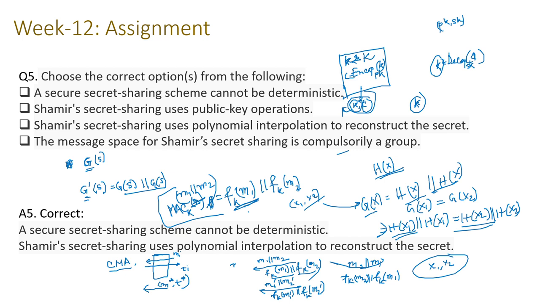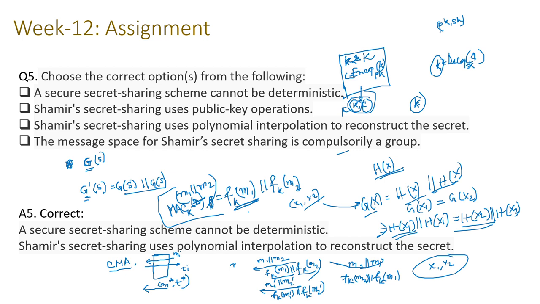Ciphertext integrity says that by looking at a communication, like the message-ciphertext pair, you should not be able to come up with a new modified ciphertext, a ciphertext that you have not seen earlier, but this ciphertext should decrypt to a valid message, right?